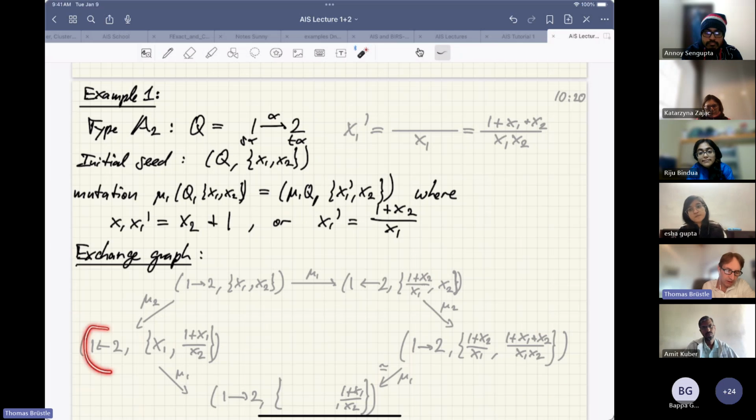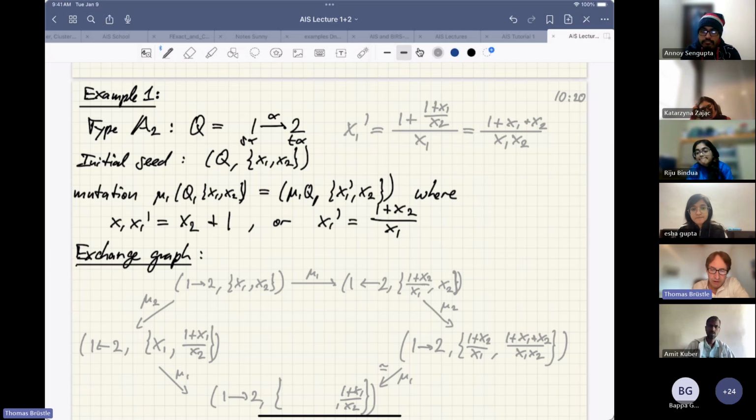It ends in 1, and it starts, of course, in the other vertex. So there will be one term which is trivial, and there will be one term which has as index the second variable. So the second variable is 1 plus x1 over x2. And if you allow me to simplify this quickly, this is going to be exactly this one.